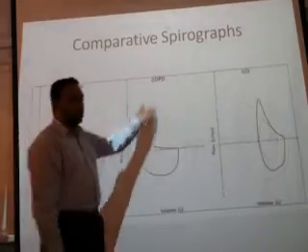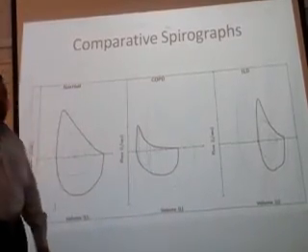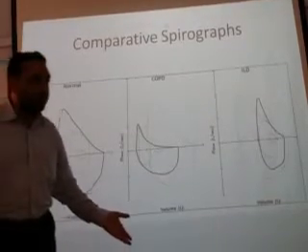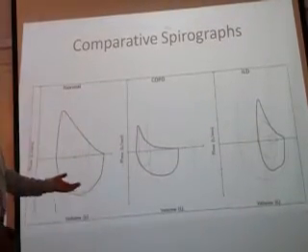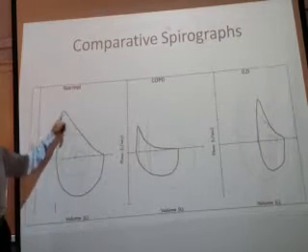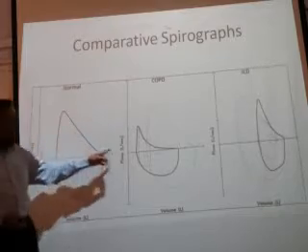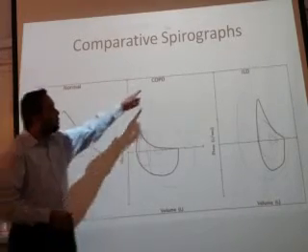Now let us come to chronic obstructive pulmonary disease. If there is obstruction to airflow, like asthma for example, what will happen?